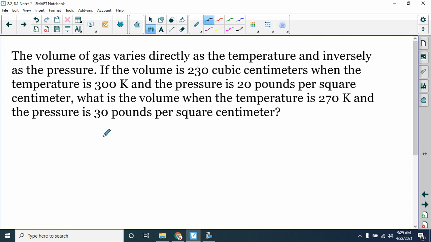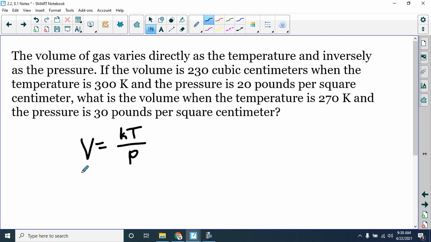Last problem here, and it's a story problem. It says the volume of gas varies directly as the temperature and inversely as the pressure. Volume, I'm going to call volume V, varies directly as temperature, so k, that's some constant, times temperature, and inversely with pressure, divided by P. It tells us volume is 230 cubic centimeters.